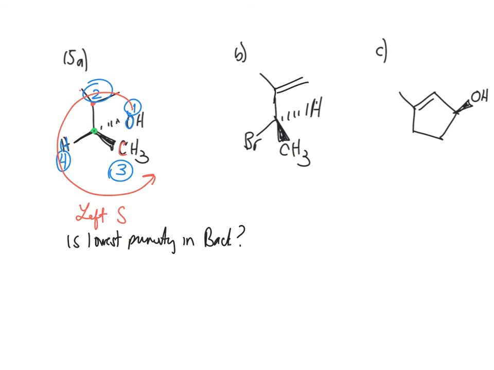If you have a molecule in class, you hold on to that bond and turn it toward your eyeball. So your eyeball is here, and you're looking with hydrogen in the back. Then you connect your 1, 2, 3, and you see that S stays S because hydrogen is in back.